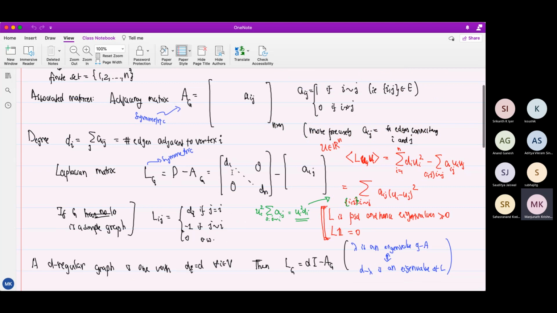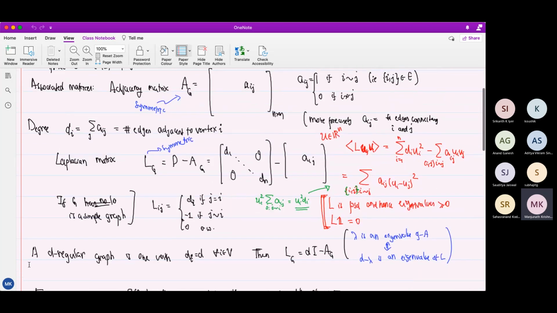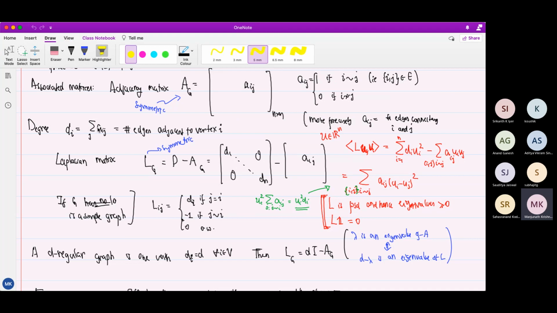The thing is, we will work henceforth with d-regular graphs. That's what we are going to do from now on. I'll restrict myself to d-regular graphs, in which case these things can be related in a simple way. L and A have similar information, but if you want to look at, say, the spectrum, the relationship is not necessarily definite, because if the d_i's are different, then a scalar matrix minus a matrix, we can't say much.